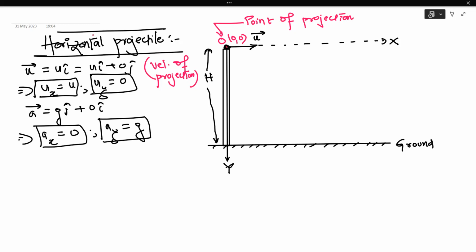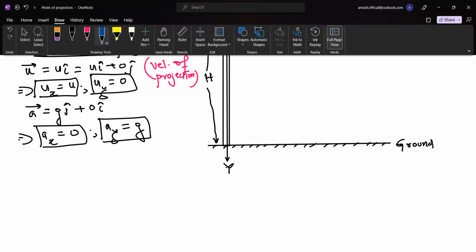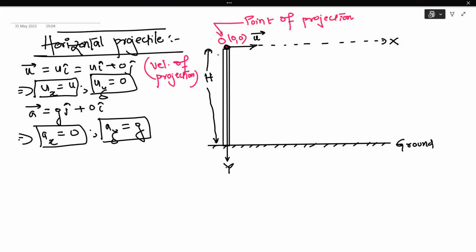Now suppose after some time t, my particle has reached the point P, whose coordinates are x comma y.